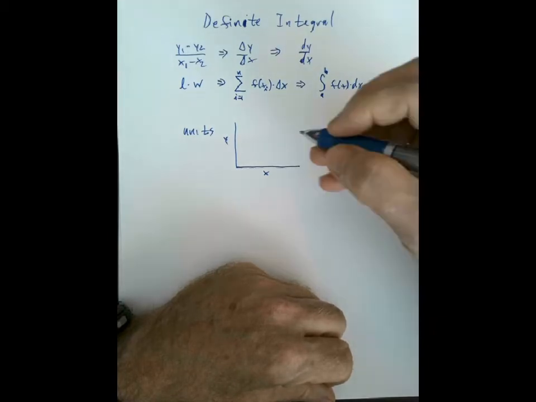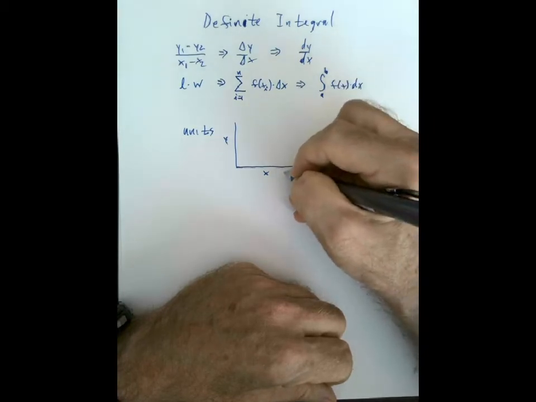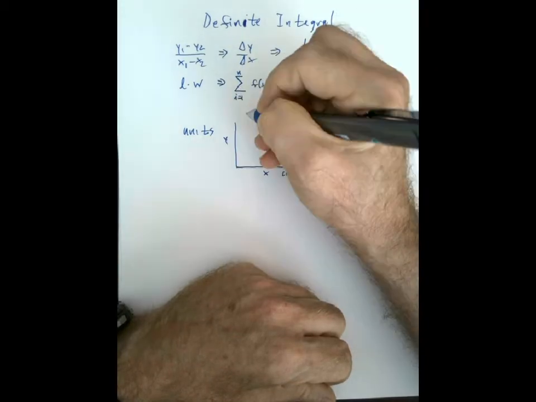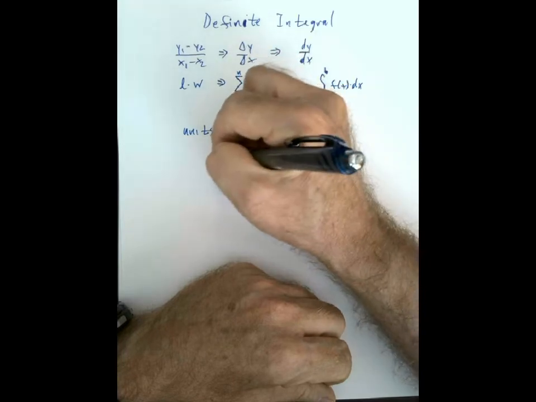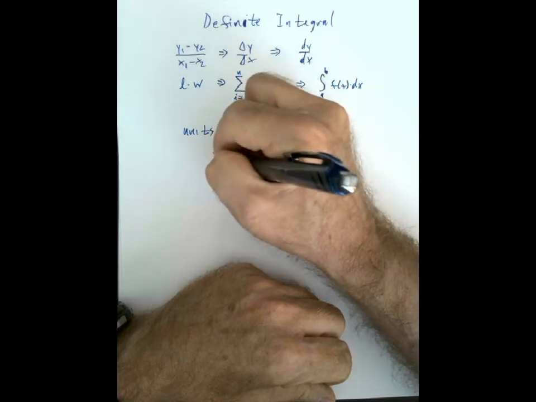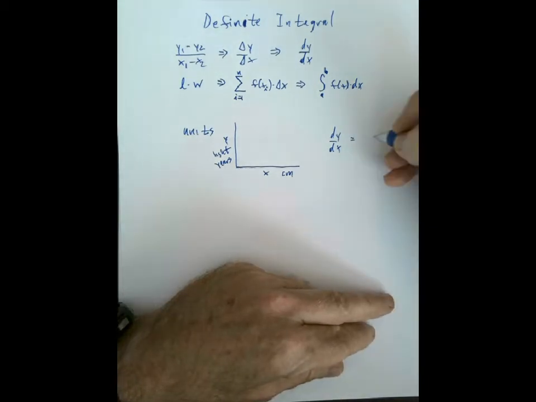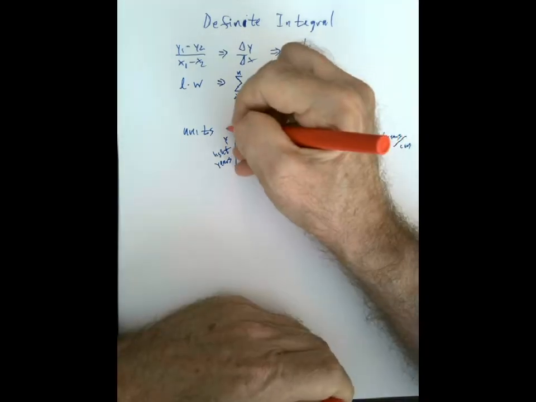It could be whatever you wanted. It could be centimeters and light years, it literally didn't matter. Then the units of the derivative would be light years per centimeter.